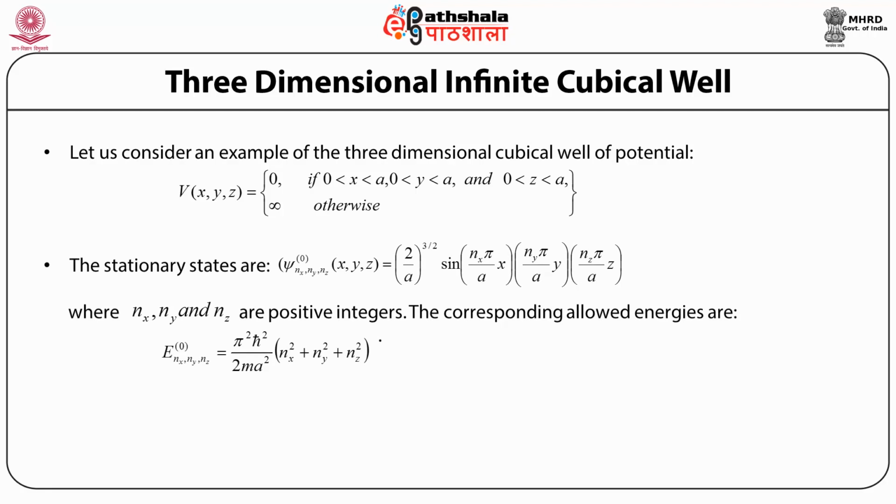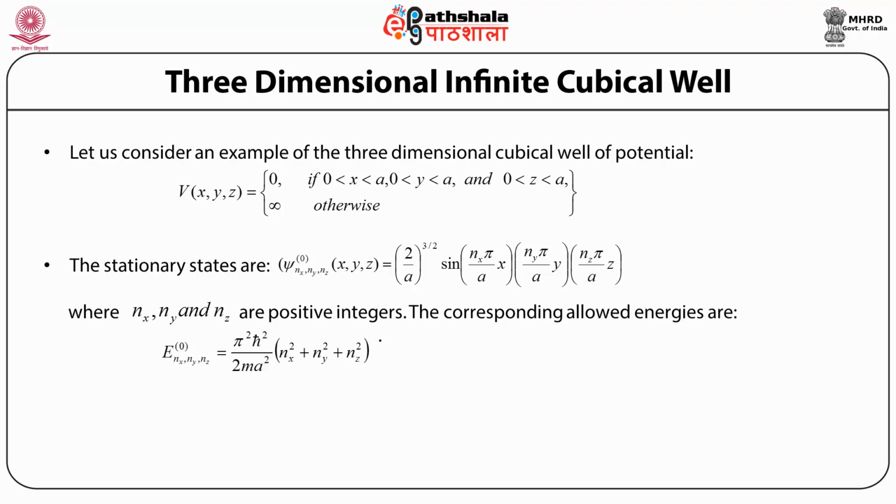The stationary states are psi 0 ground state nx, ny, nz as a function of x, y, z equal to (2 by a) to the power 3 by 2 sine (nx pi by a) into x, sine (ny pi by a) into y, sine (nz pi by a) into z, where nx, ny and nz are positive integers.